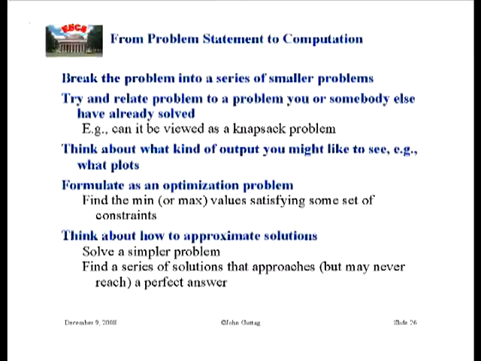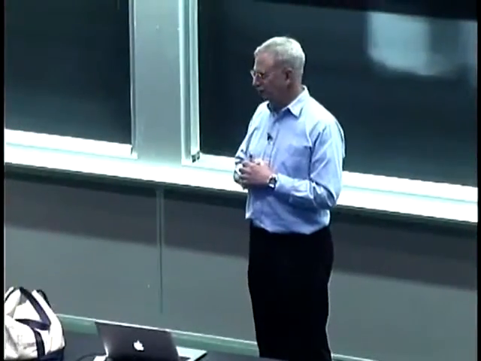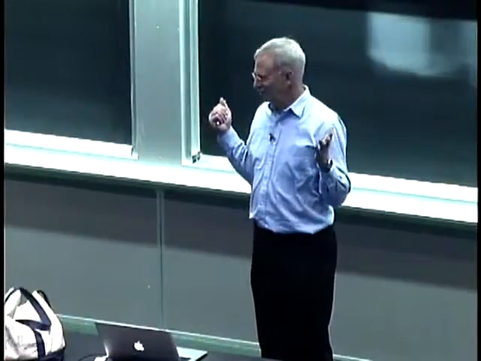I type Python shortest path and I see what code pops up on my screen. But I can't do that until I've realized, oh, it's really a shortest path, or it's really a knapsack. If I type Python select courses, I won't get anything useful.